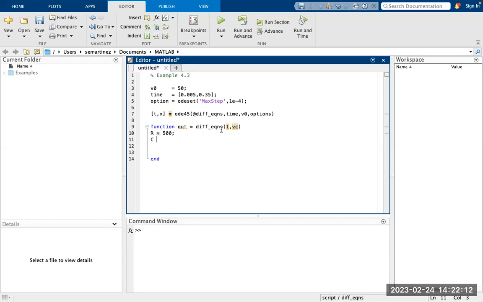C is going to be 100 to the -6. What other parameter can we use? Omega, the electrical frequency, which is going to be 120 pi. This is going to be in radians per second.